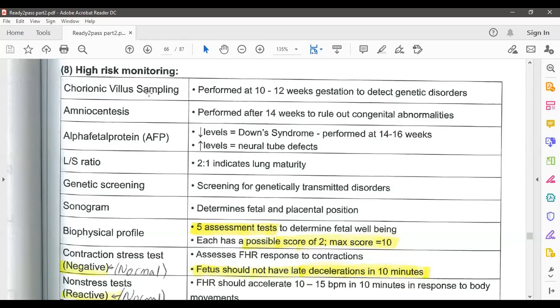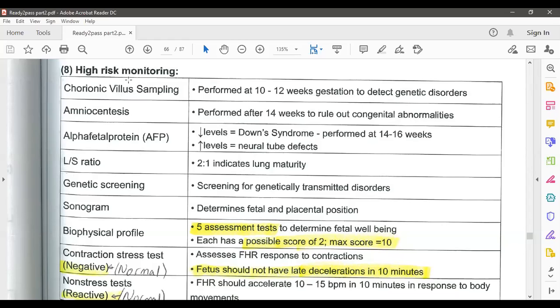We perform this test at 10 to 13 weeks of pregnancy. Perform at 10 to 12 or 10 to 13 weeks of gestation, right?